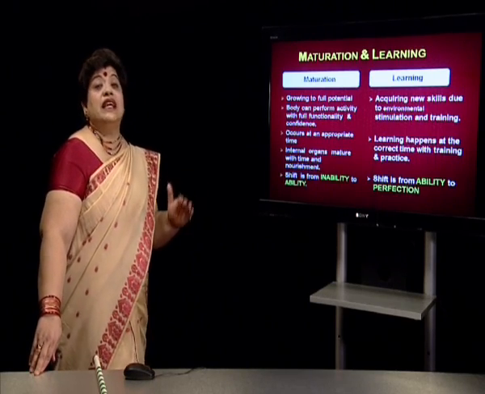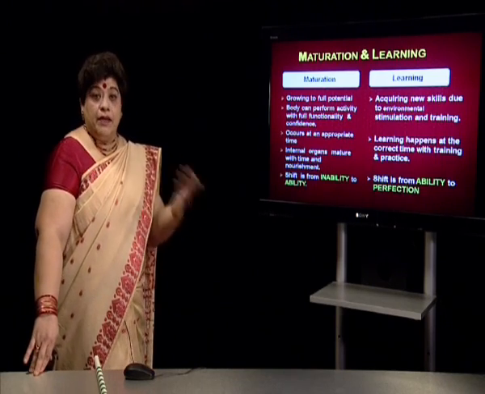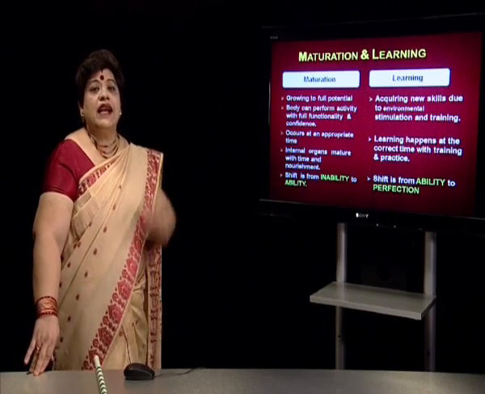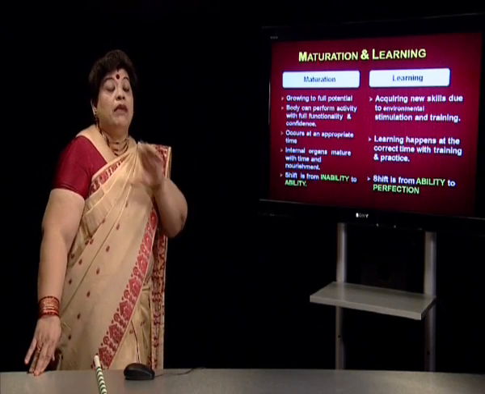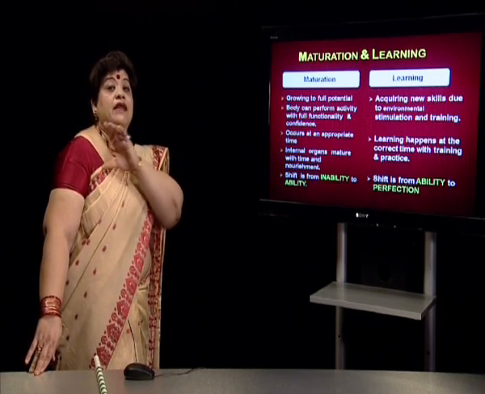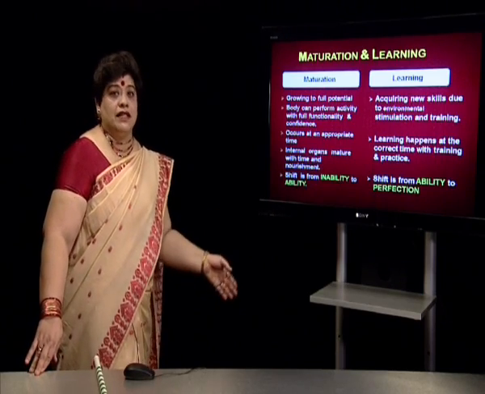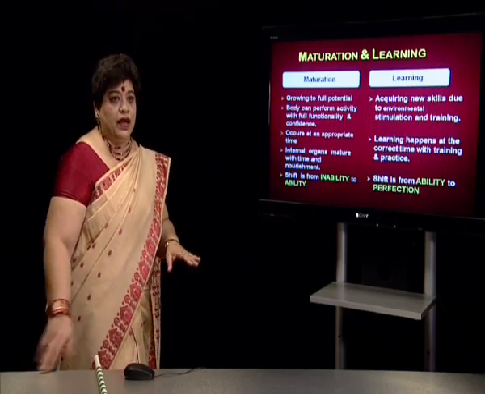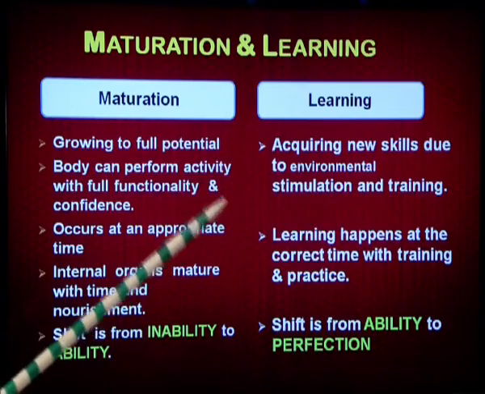But he has not received the environment where he can show his academic skills or some kind of musical skills or dance skills, because he has not acquired those skills. He has not been given the opportunity to learn. But if a child at 12 years in B situation is not dancing, that doesn't mean he cannot dance. He can dance, but he has not been given the opportunity to learn. Body has matured to full potential, but learning has not happened.